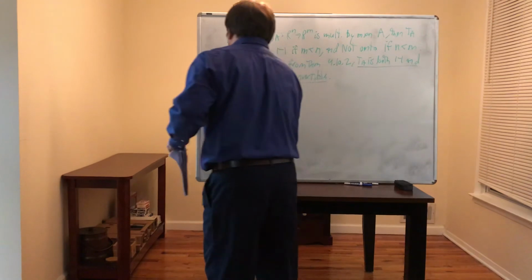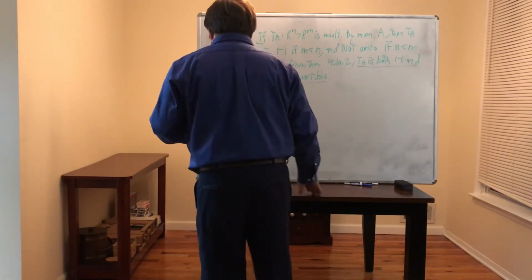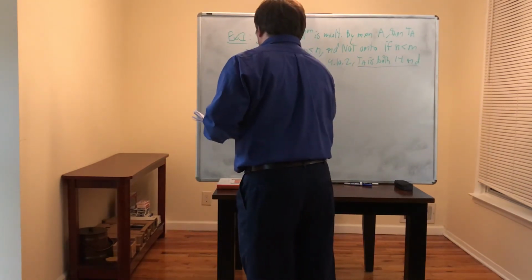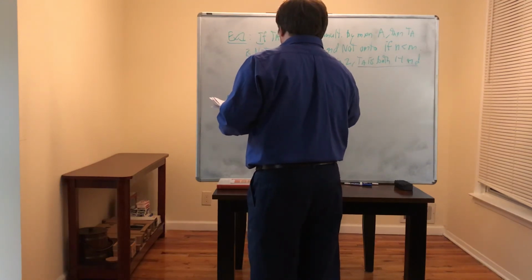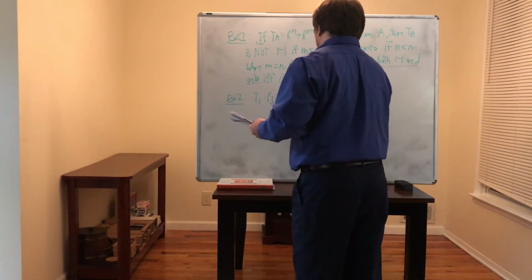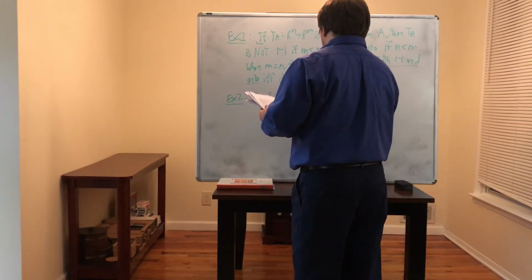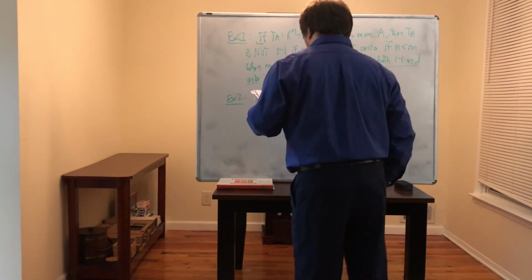Example 2. Okay, so look at Example 1 when you're studying this section. Let's say T1 is from P sub 3 to R4, and T sub 2 is from M sub 2 to R4.